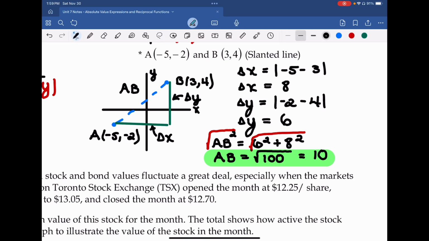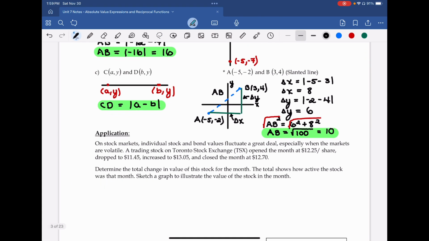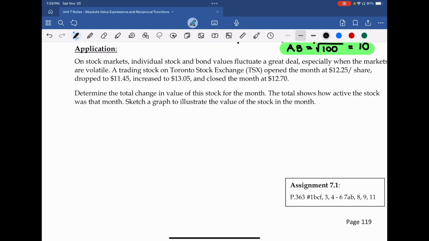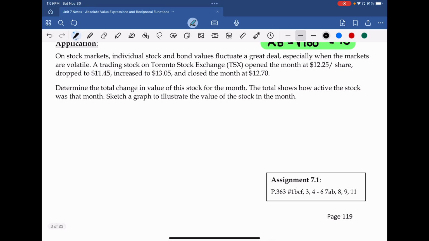Okay, now for our last problem, let's consider the following. This is an application problem that gets us to consider how we handle absolute values when things are changing dynamically over a period. On a stock market, individual stocks and bonds fluctuate a great deal, especially when the markets are volatile. Lots is going on, things are hitting the news, companies are making different moves, and prices are going to change.